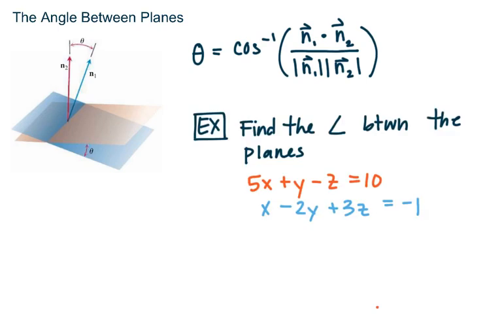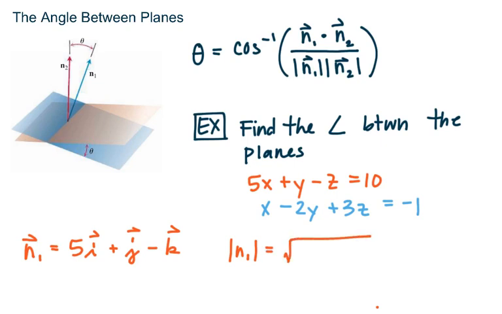So for this example, we're going to find the angle between the planes. And in order to do that, we need to know what both of the normal vectors are, as well as their magnitudes and the dot product of the two normal vectors. So normal vector 1 is 5i plus j minus k. The magnitude of normal vector 1 is the square root of 5 squared plus 1 squared plus 1 squared, or the square root of 27.